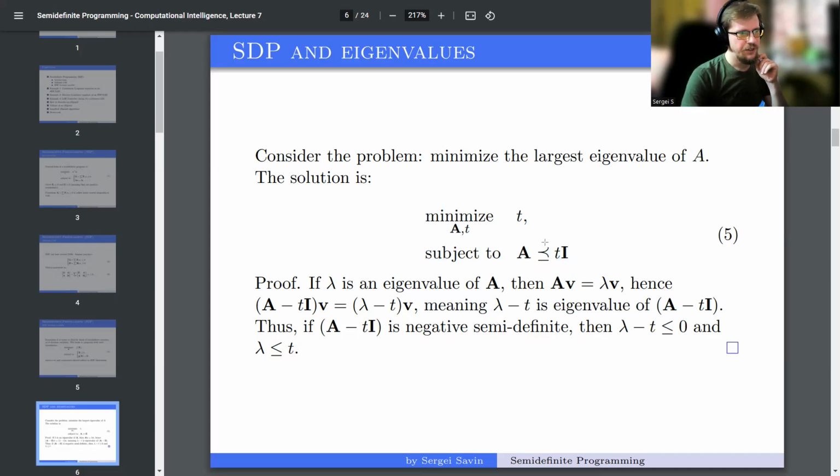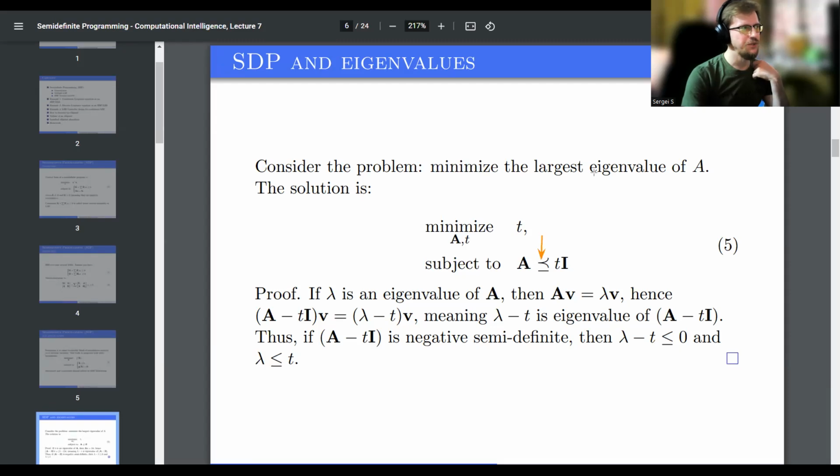If you have this less than or equal sign in the middle, it doesn't make any sense to say A is more negative semi-definite than T times I, because both of them can be positive semi-definite for all you know.